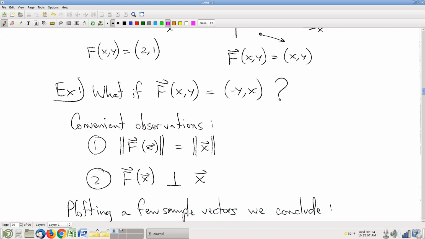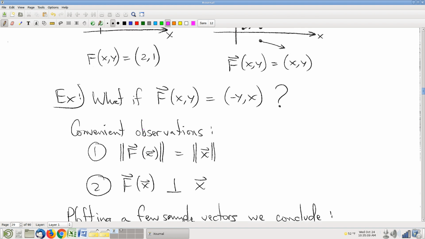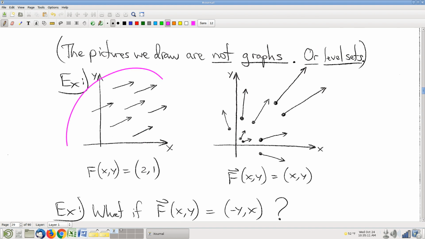All right. Okay. Here's a couple of easy examples of vector fields. Here, the associated vector 2, 1 is always the same vector, so it's easy to draw this field. It's always 2, 1. What about this one? F of x, y equals x, y. Okay, so this says for every point, the associated vector, hey, look at that, the associated vector is also x, y.